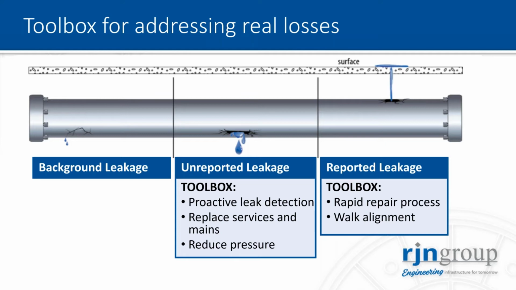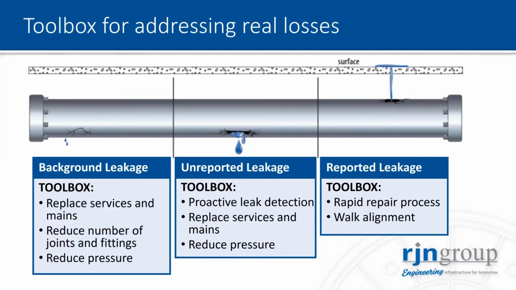One of the newer areas that's showing a lot of promise is reducing pressure by 3 to 5 psi. 3 to 5 psi can have a dramatic effect on reducing leakage. And then finally, with background leakage, really the only tool here that may work is satellite leak detection.